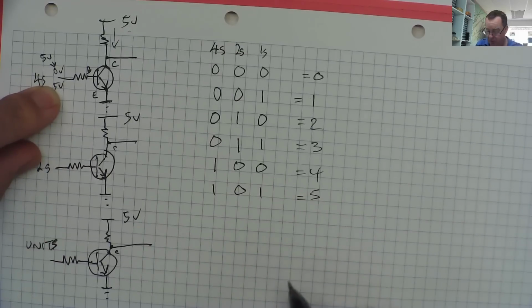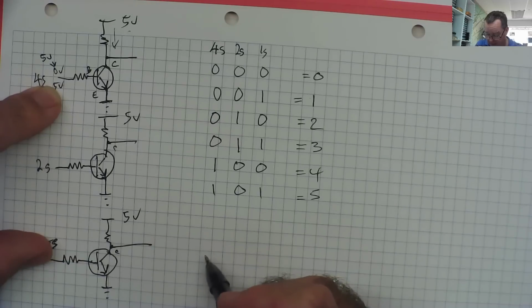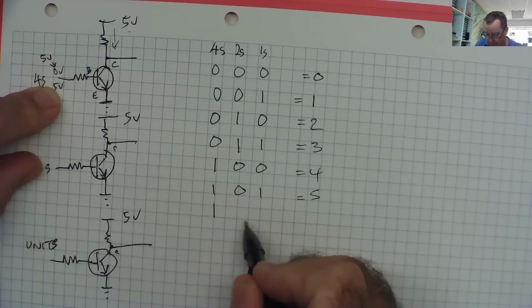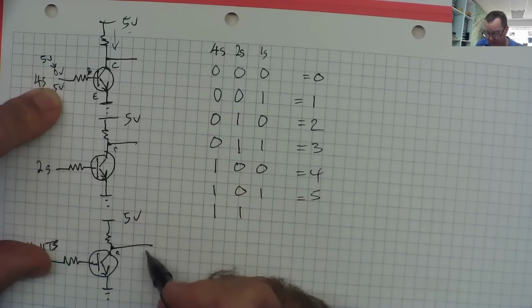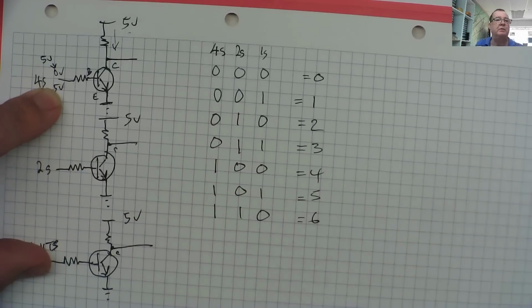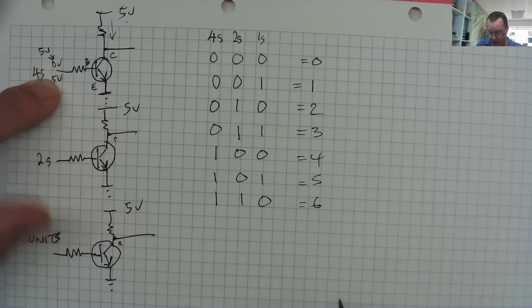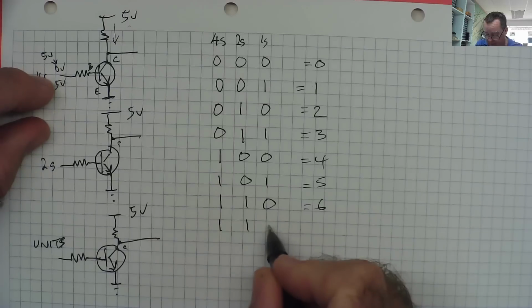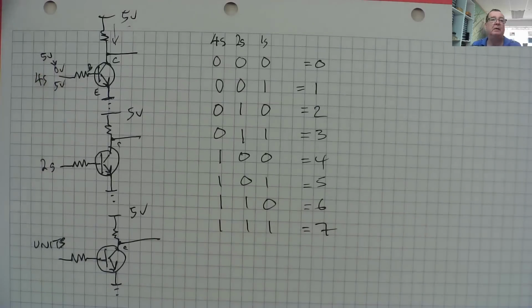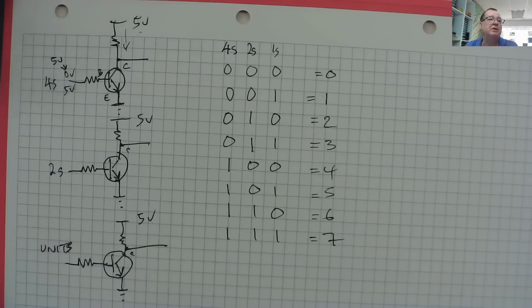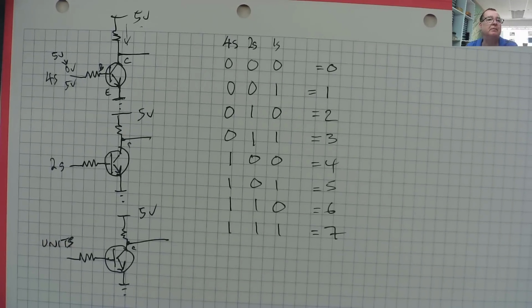Then we can do it with this one, and put this one back on again, sorry. So this one's off, this one's off: 5 volts, 5 volts. This is 0 volts. 4 plus 2 is 6. And then the last thing we can do is switch them all off. So we get 5 volts, 5 volts, 5 volts, which is 7. And that's how we can count using digital electronics. Okay?